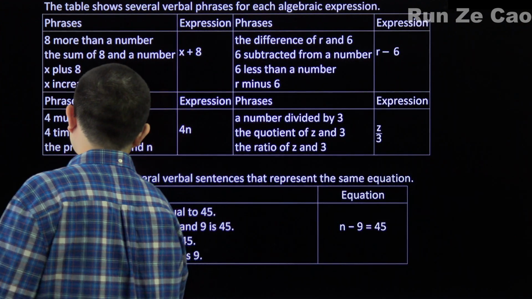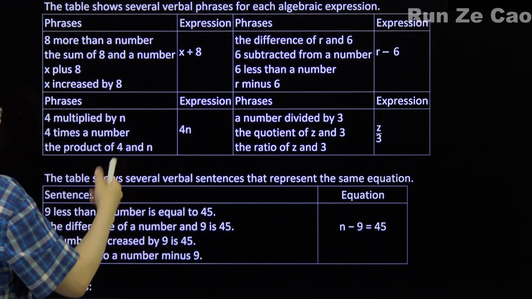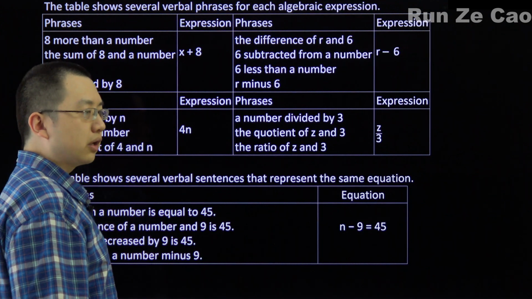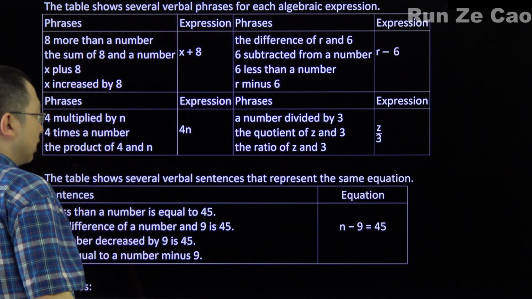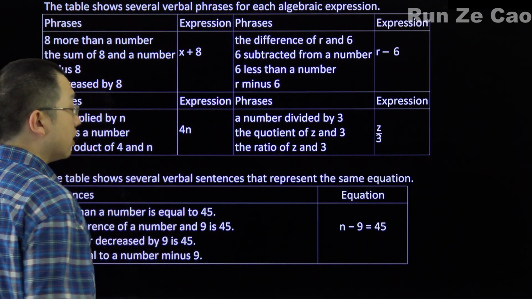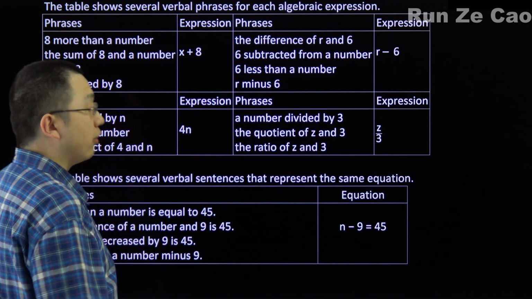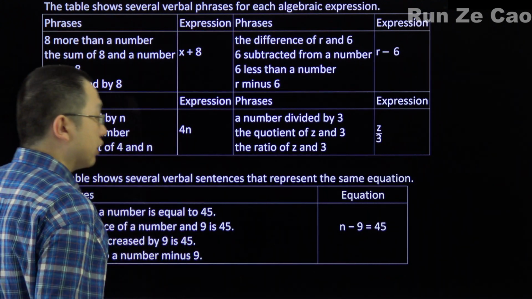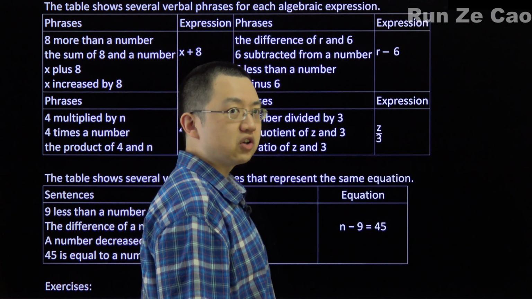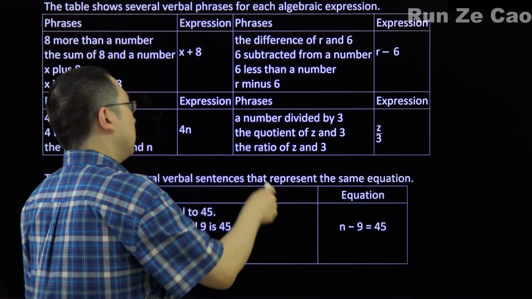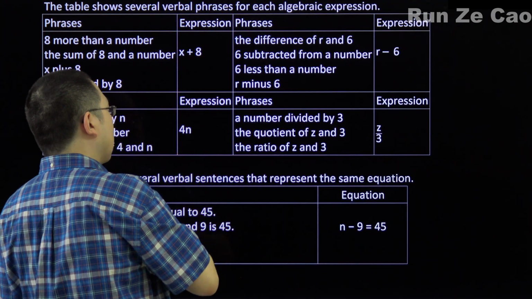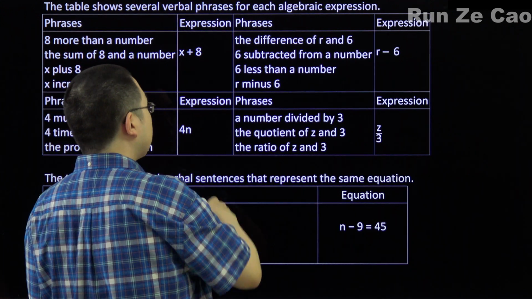For multiplication, the order doesn't matter that much. Like you could go a number times 4 and still end up with 4n, because you write the coefficient first and then the variables in every given term, where you have a constant multiplied by a variable or several variables.